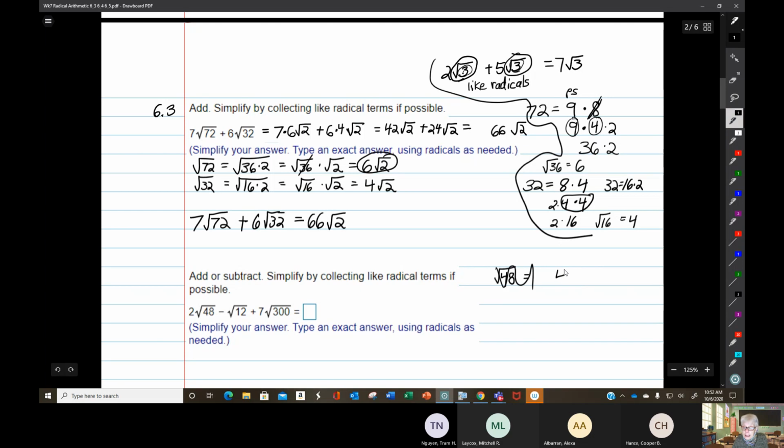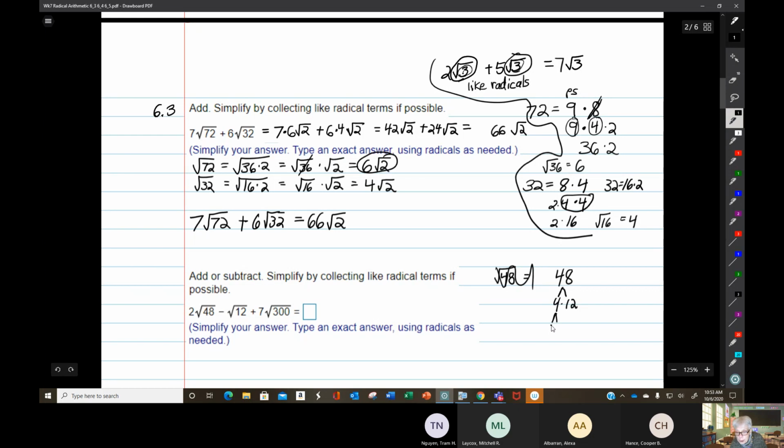But here's what we can do. 48 is an even number, so you know that 2 goes into it evenly. You might even be able to see that 4 goes into it evenly. Oh, because 4 goes into 4 and 4 goes into 8. Yes, okay. 48 equals 4 times 12.